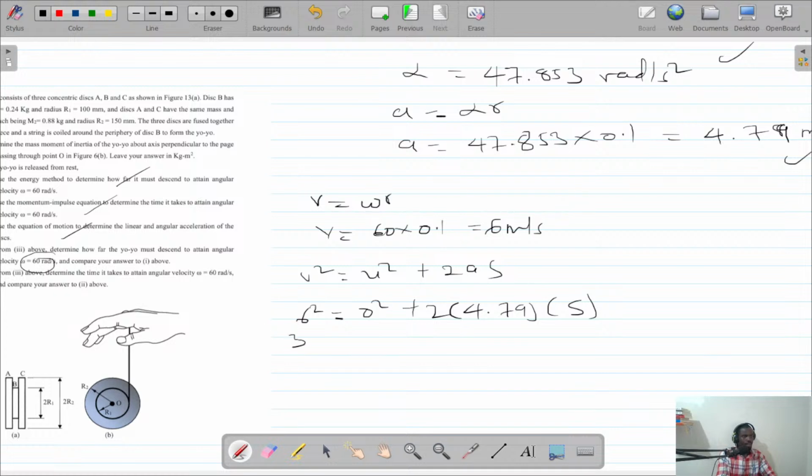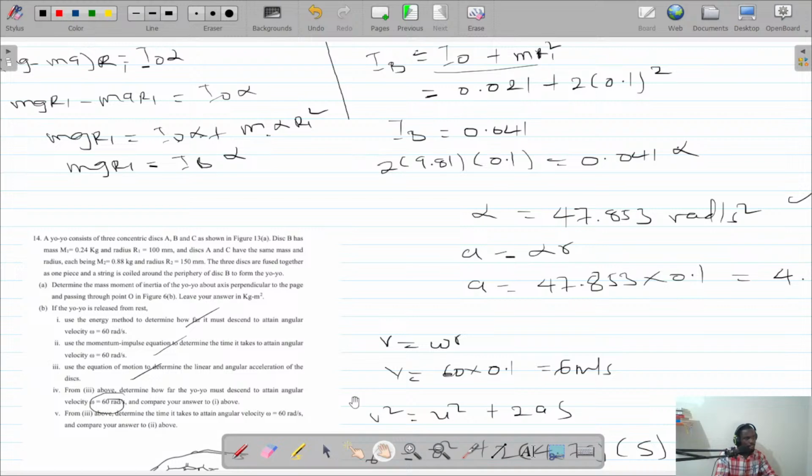So we have 36 over 9.58, and s will be equal to 36 over 9.58. Yeah, 0.76 meters.